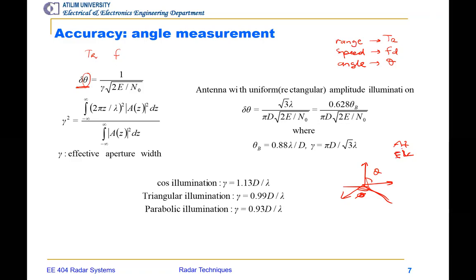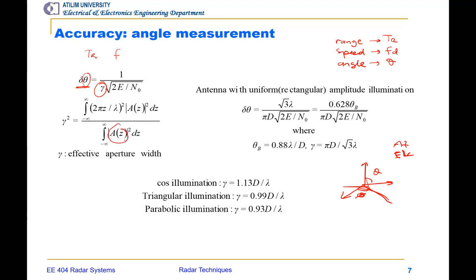Then this is about how we illuminate the antenna, and we define gamma, which is the effective aperture width of the antenna, and it's related to the illumination, the current that we apply to the antenna. There are several different distributions of currents.